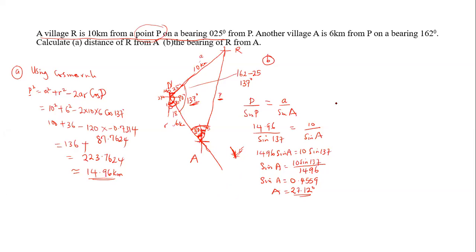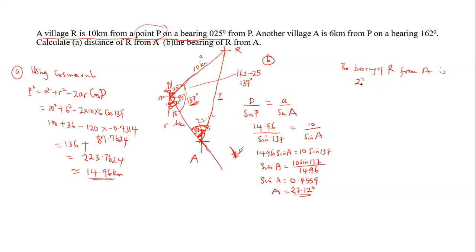So we can now say confidently that the bearing of R from A is what? So we subtract. The whole of this one now is 27.12, but we are looking for from here to here, so you remove 18 from it.